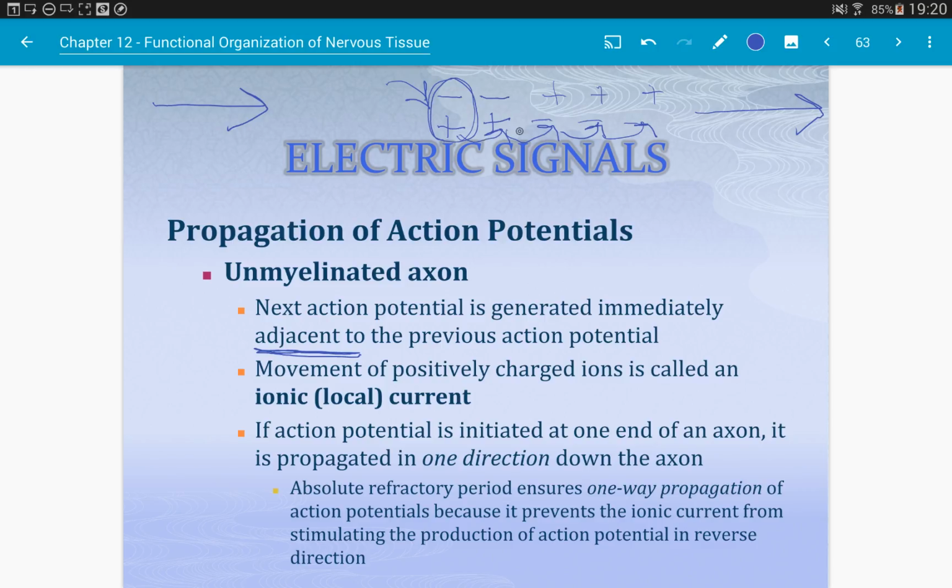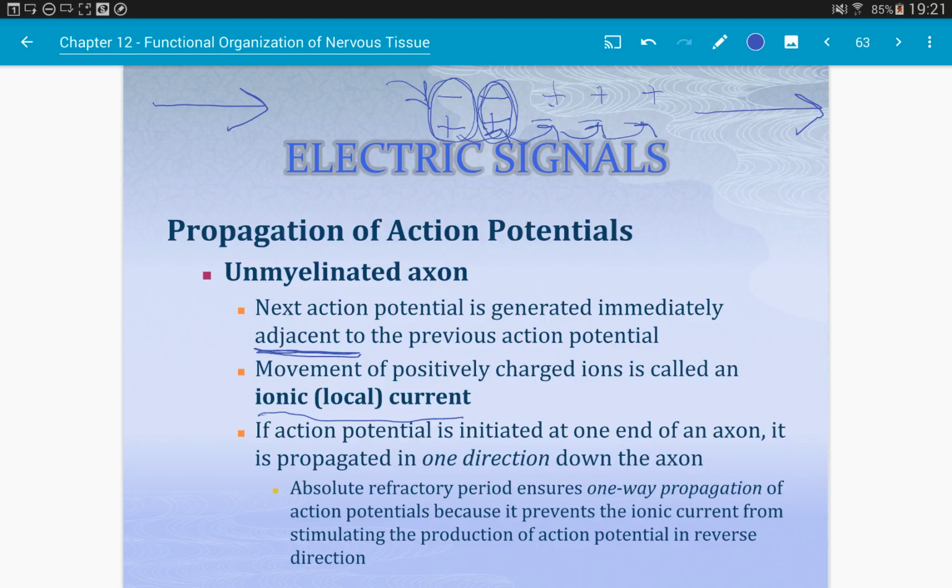It stimulates the next area while that one here undergoes repolarization, and so on. And so as soon as the charges switch, it triggers the next spot, and then the previous ones are repolarizing. Okay? And because it's traveling along the entire length of the axon, we call it an ionic current. Okay?